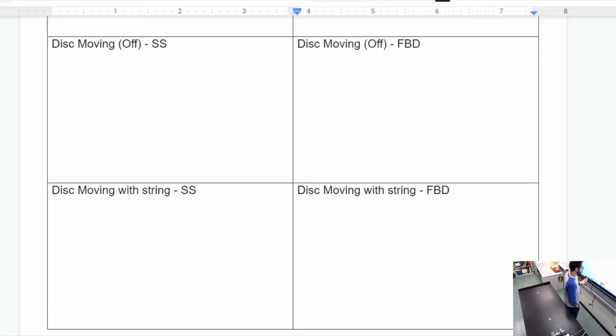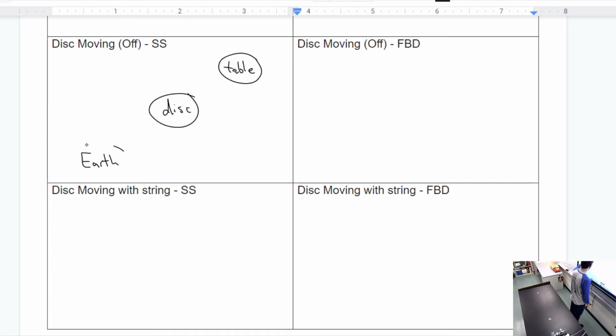Now we're going to look at scenario 3. This is when we turned the disk off and we pushed it across the table. So I got disk, table. If you remember from the picture, I was no longer touching it, so I won't put myself in there. We have force of gravity.